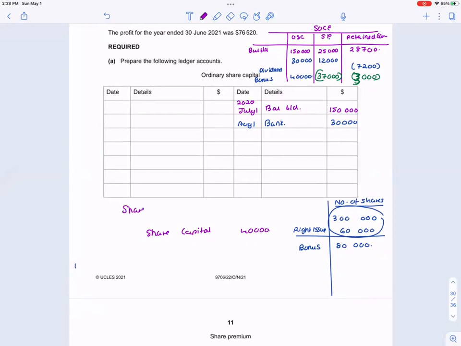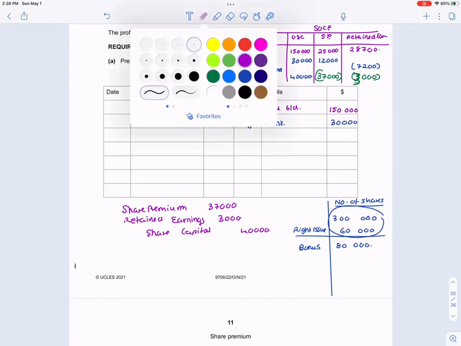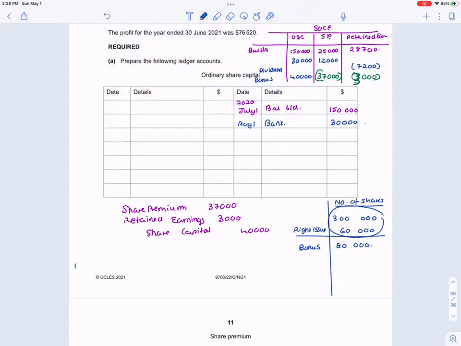You're using share premium 37,000. You're using retained earnings 3,000. Are you with me? Let's put this. Ordinary share capital is credit 40,000, but it will go in two parts.